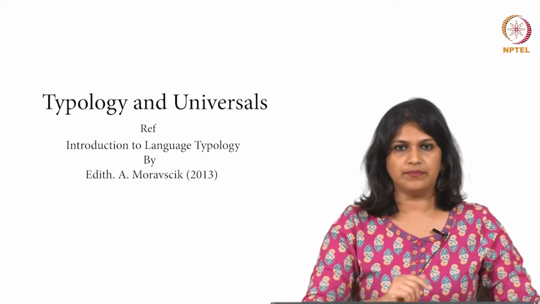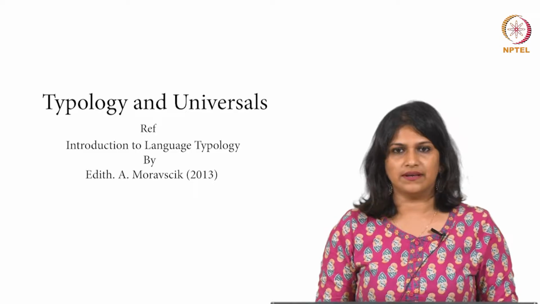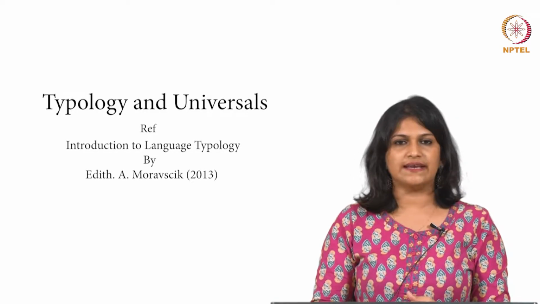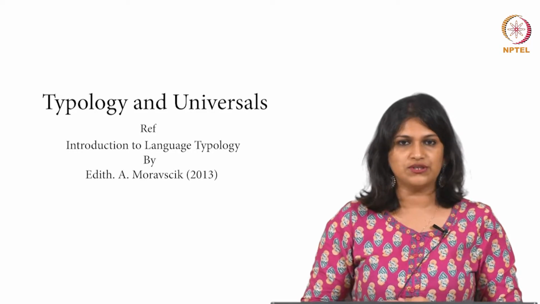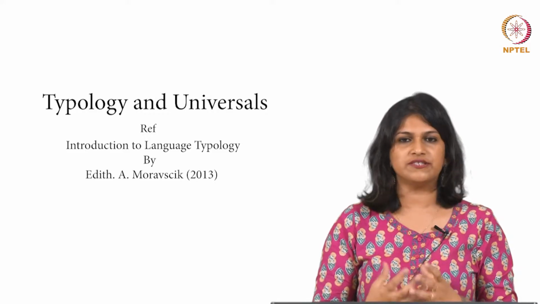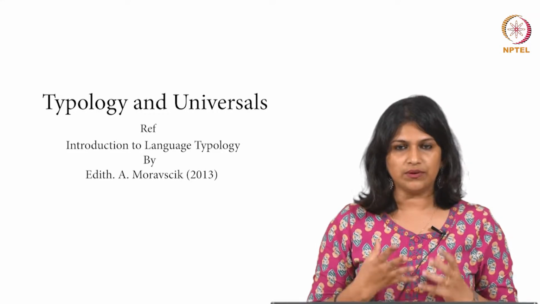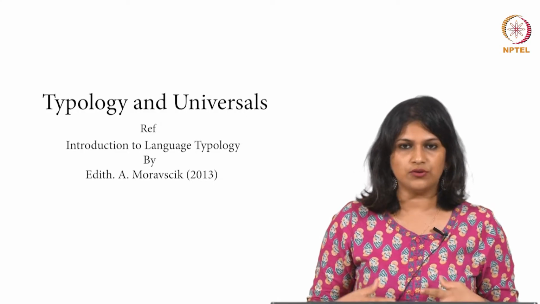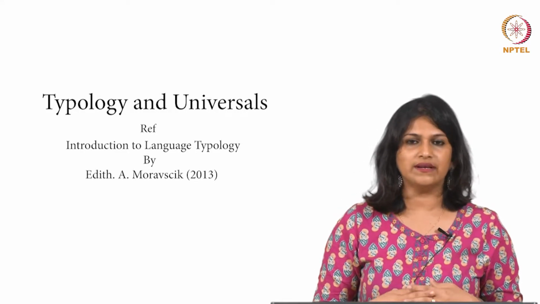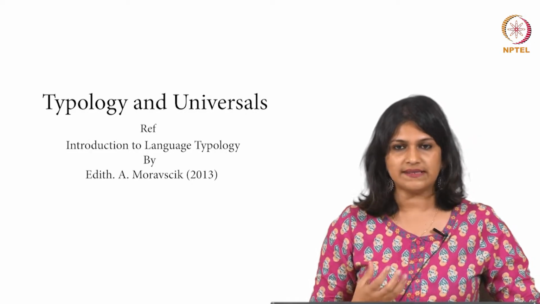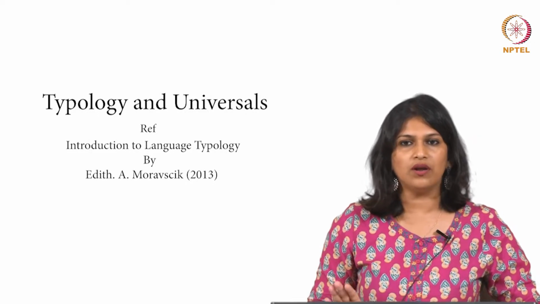We are going to talk about the connection between typology and language universals. Since the title of the course gives us enough scope to include various kinds of typological approach to languages, I wanted to include some universal component so that you are not only familiar with the differences, you should also be aware of what kinds of similarities languages have, and whether there is anything common to all languages.